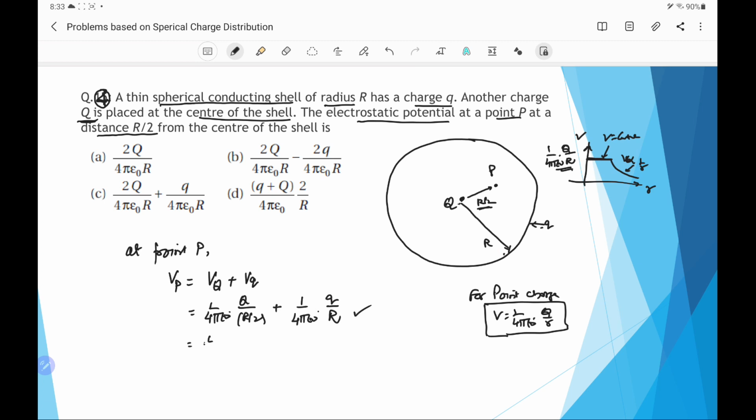Therefore, we will get 2Q by 4 pi epsilon naught R plus q by 4 pi epsilon naught capital R. Now, checking the given options, we see option C is the correct option.